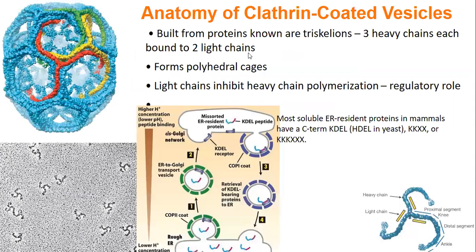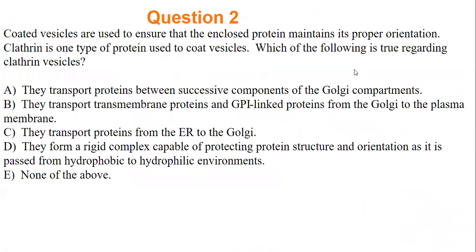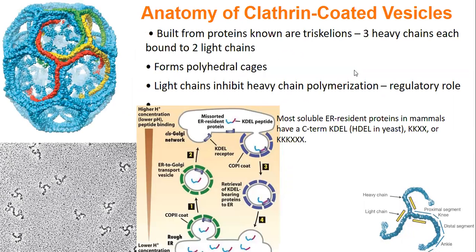All right. So let's just look at one of these proteins here. And so this is Clathrin, and they're made from a protein that are known as triskelions. Basically, the way I think of it is like a three skeleton, triskelion.